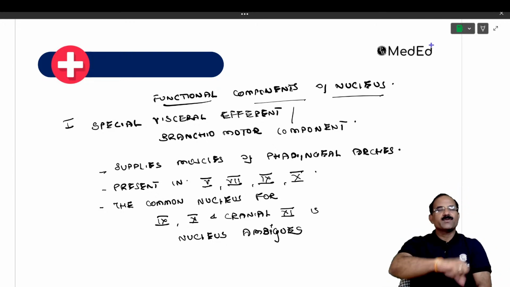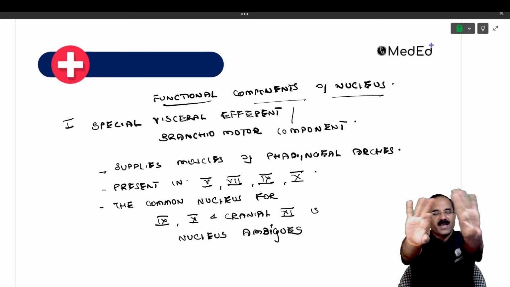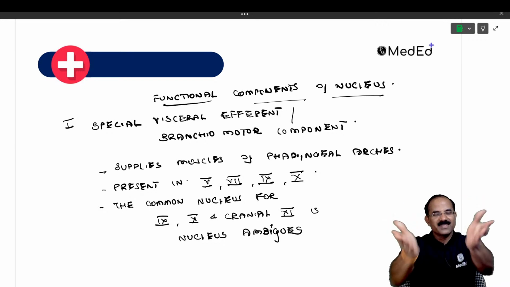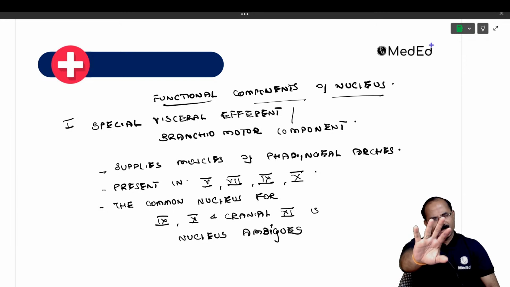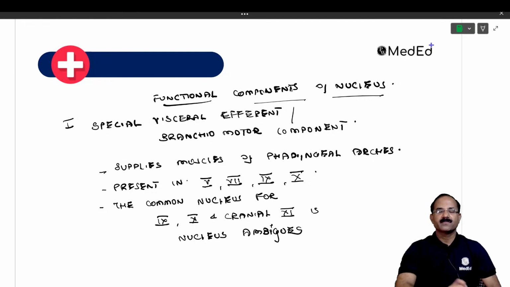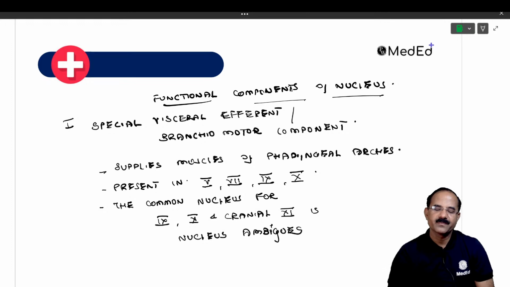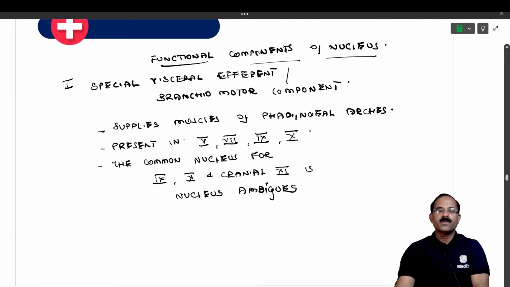A common nucleus for 3 nerves: 9th, 10th and cranial accessory. And what is the name of that nucleus? The nucleus ambiguus. I'll explain this; it is a little difficult. First write it down, you'll understand it. Nucleus ambiguus.